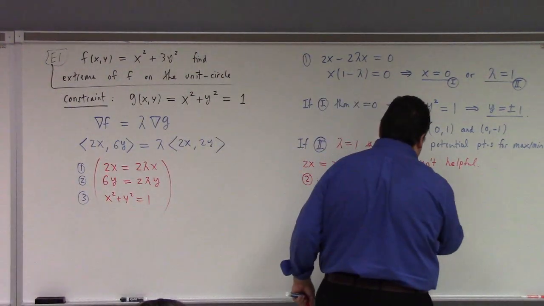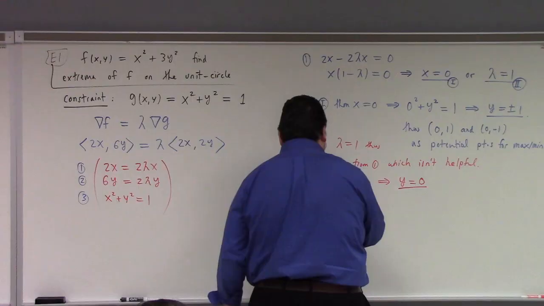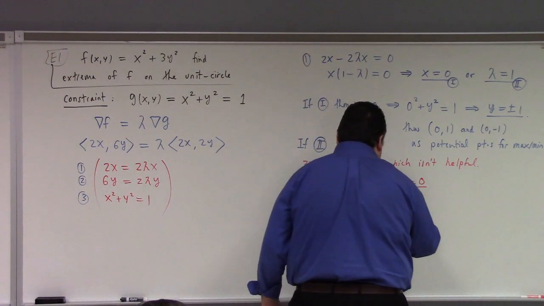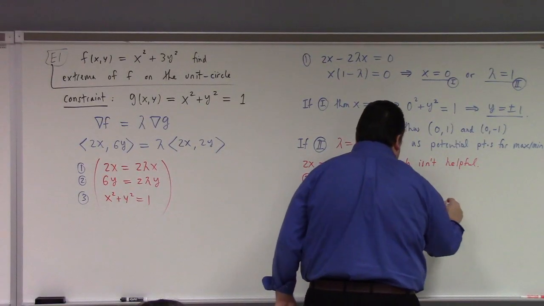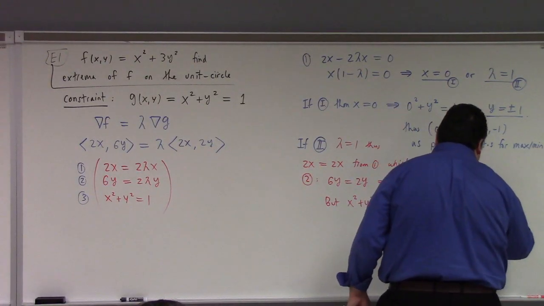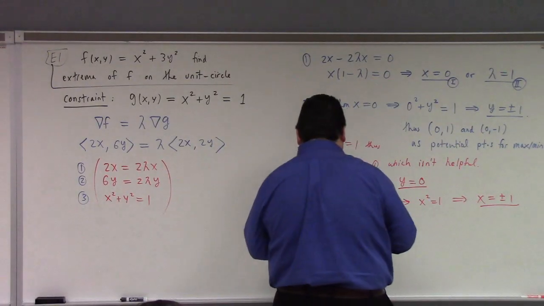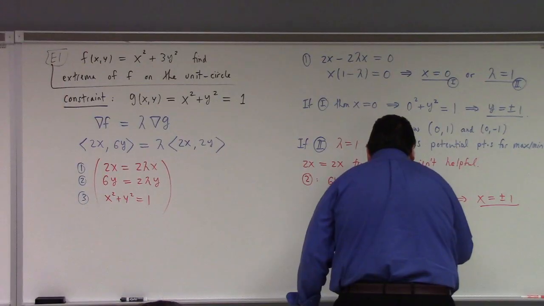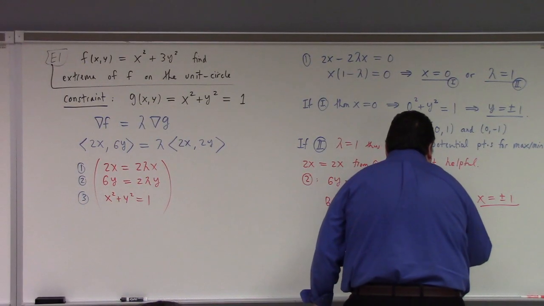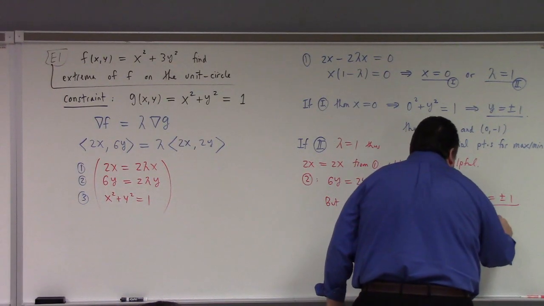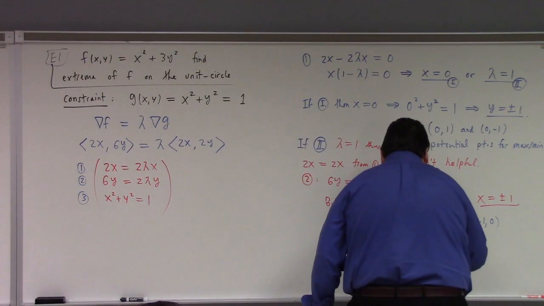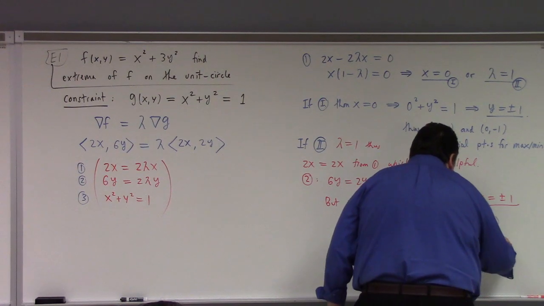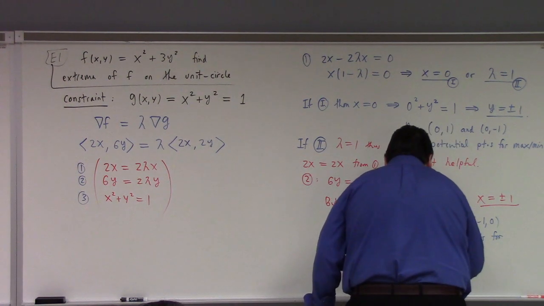And if y is equal to 0, then x squared plus y squared equals 1 gives me that x squared is equal to 1. Hence, x is plus or minus 1. So in summary, we obtain (1, 0) and also (minus 1, 0) as possible points for extreme values.